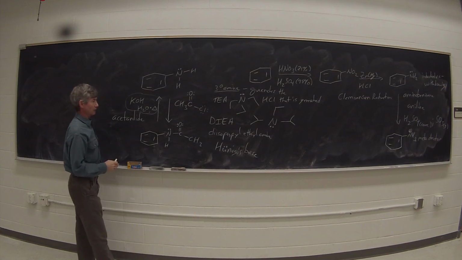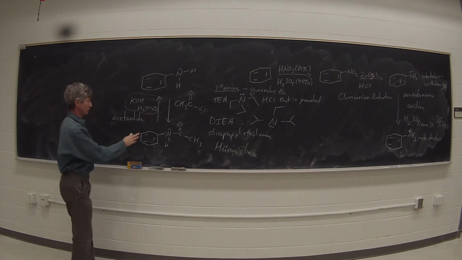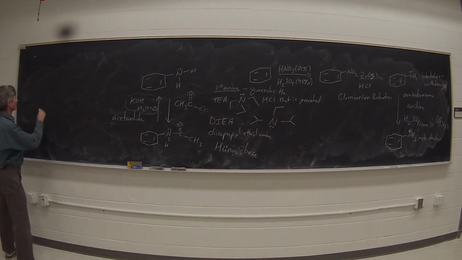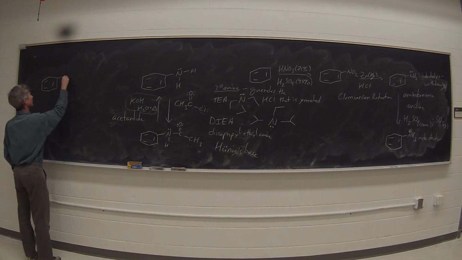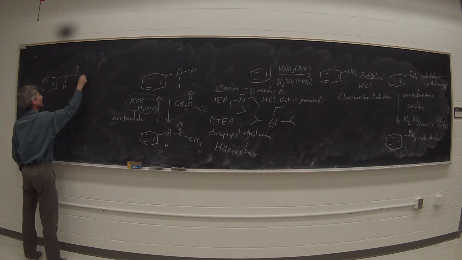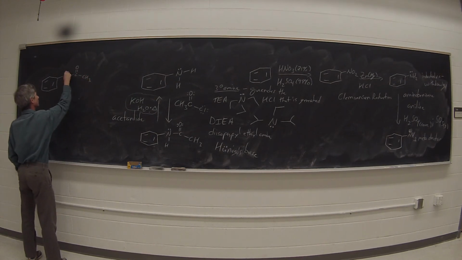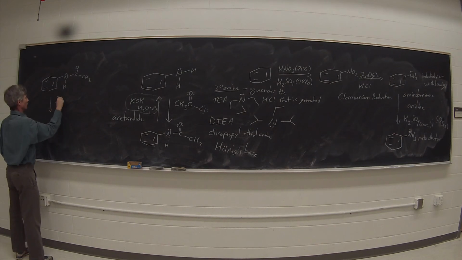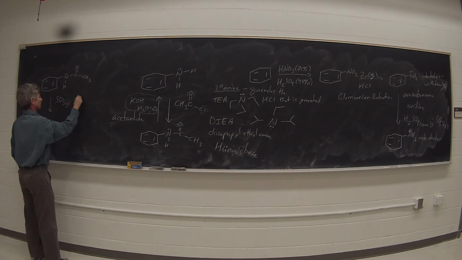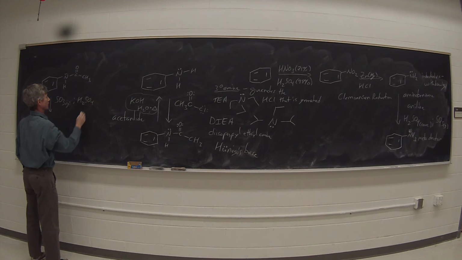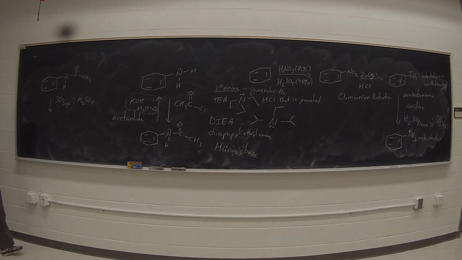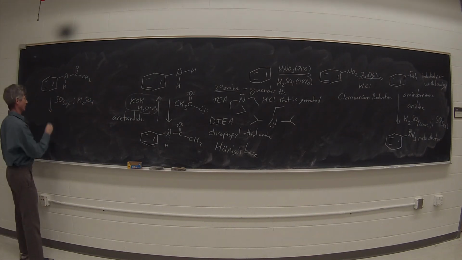Now that we have our protecting group in place, we're going to be able to react that under sulfonation conditions with fuming sulfuric acid. That's SO3 gas dissolved in H2SO4. So there isn't really any water left because it reacts with the excess SO3 gas.